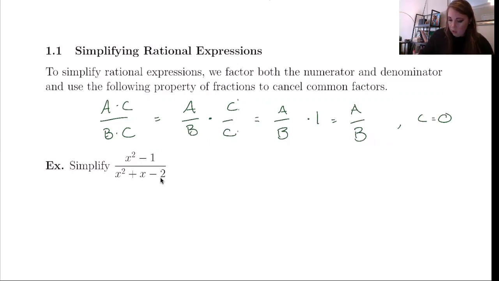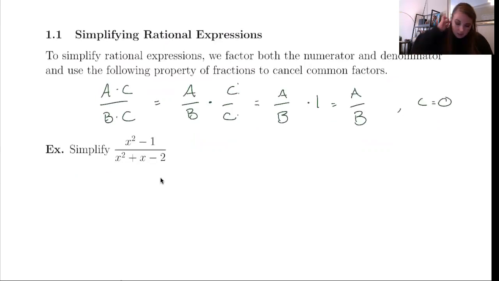So a, b, and c in this case are factors, right? Things I'm multiplying together, like x plus 1 times x plus 2 divided by x plus 3, something like that. All right, so let's work on this quick example. Simplify x squared minus 1 divided by x squared plus x minus 2.